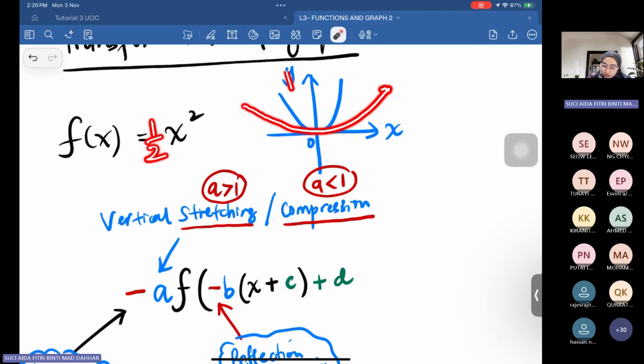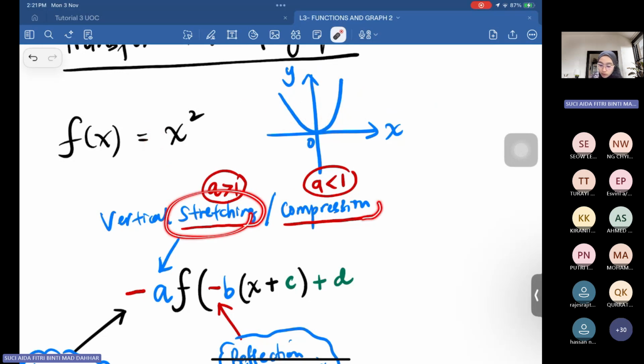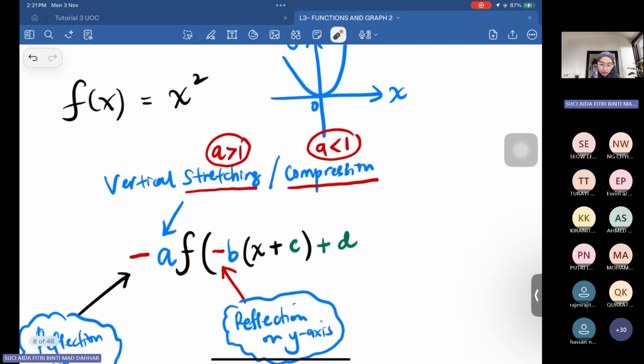Previously, when you multiplied by 3, it was skinnier and taller. This is 3x squared, and this is half of x squared. See the difference? So you need to know whether you should stretch or compress vertically. That's what the value in the front does to your y values.